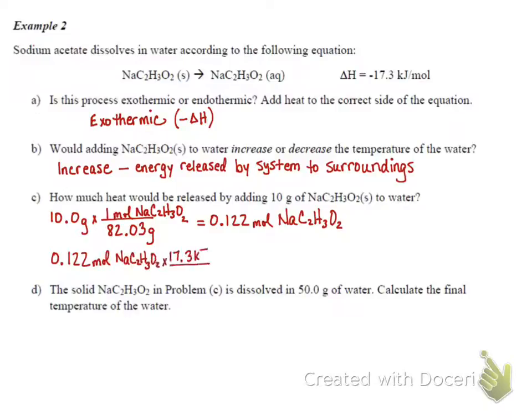And now that we have the moles, and we know it is 17.3 kilojoules per mole, do the math and we get 2.11 kilojoules released. If we wanted it in joules, we'd multiply by 1,000, which is 2,110, and because it is negative, that energy is going to be released.